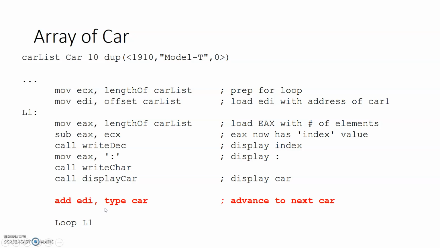So we would actually be adding 38 bytes. By us just doing type car here, on compilation it's figuring out how many bytes a single structure has.